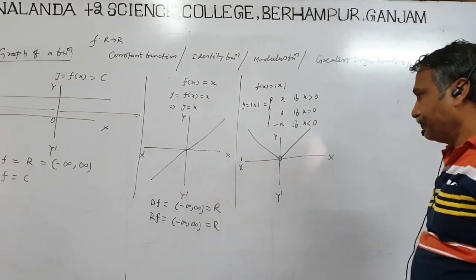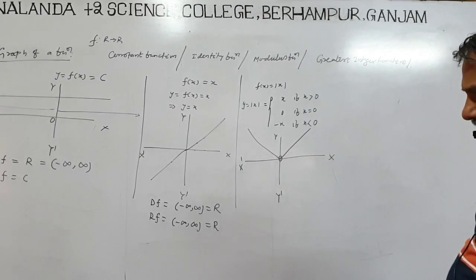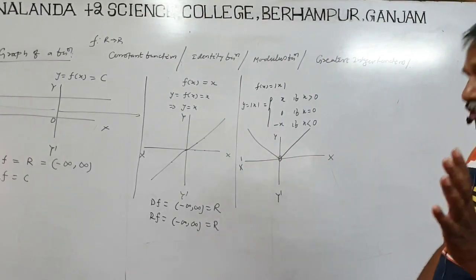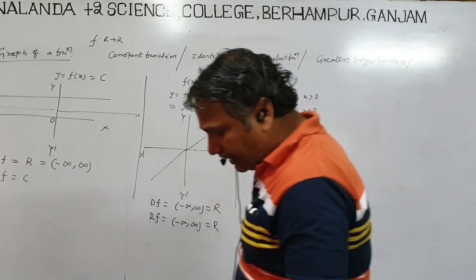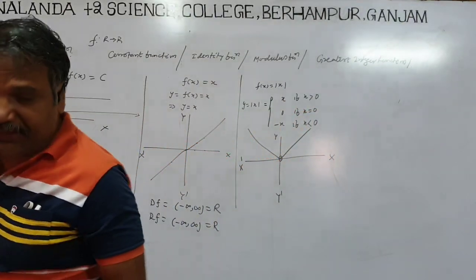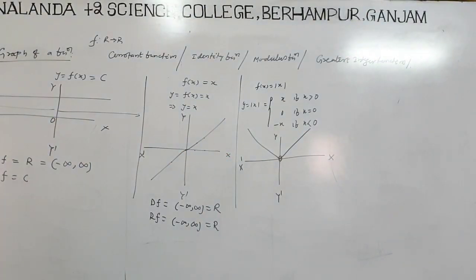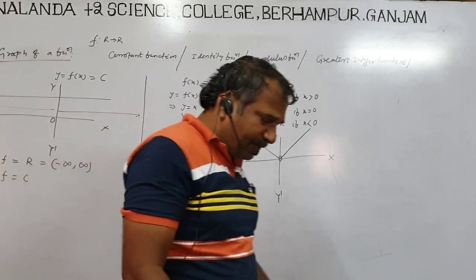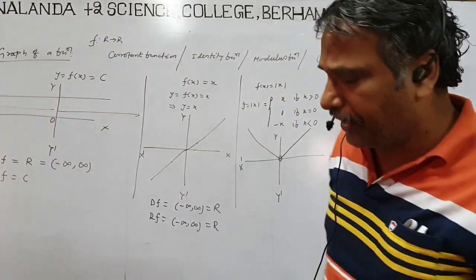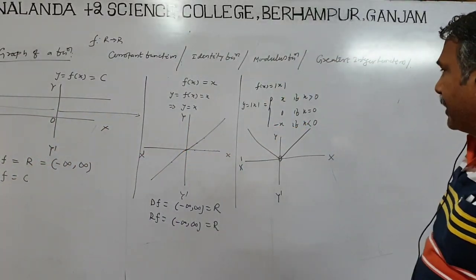This is the graph of the modulus function. This is very, very important for continuity and differentiability, derivative, integration, and area of the curve. Because if you do not know the function, then how to draw a graph and find the area of the curve. Now this is mod x.